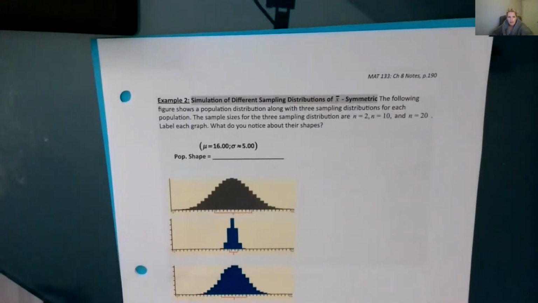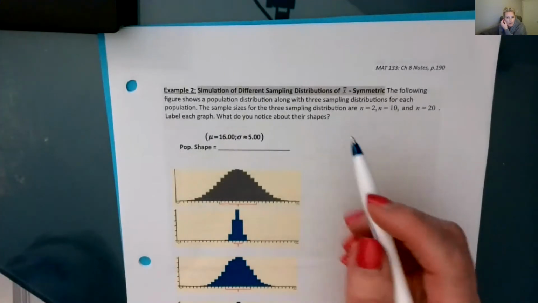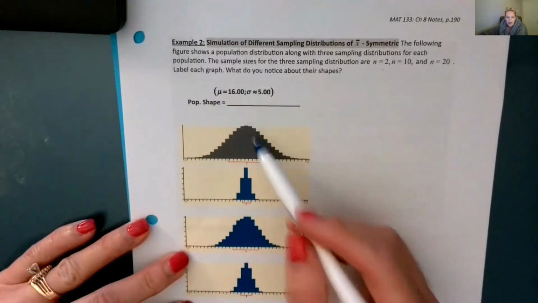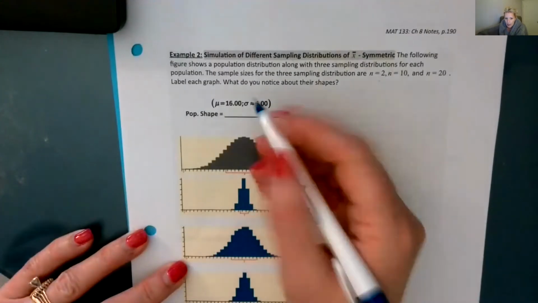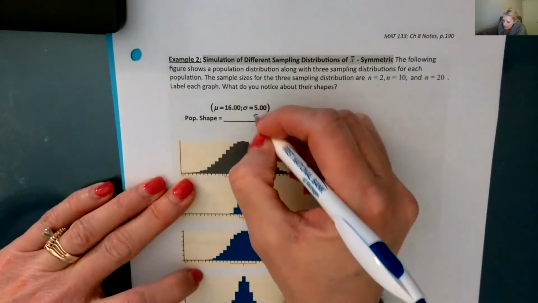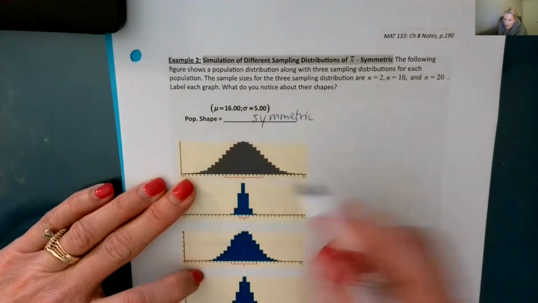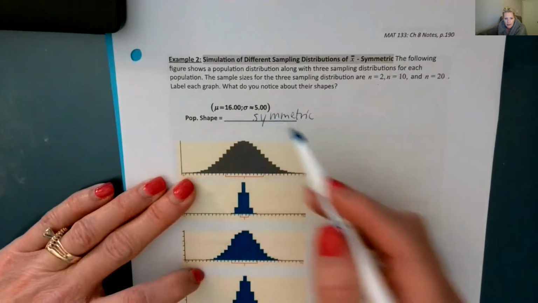Okay. So the next page says, let's take a simulation from a symmetric distribution. We took samples of 2, 10, and 20 again, and our population shape started out symmetric here, with a mean of 16 and a standard deviation of 5.